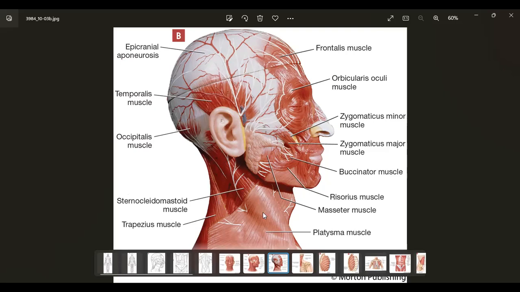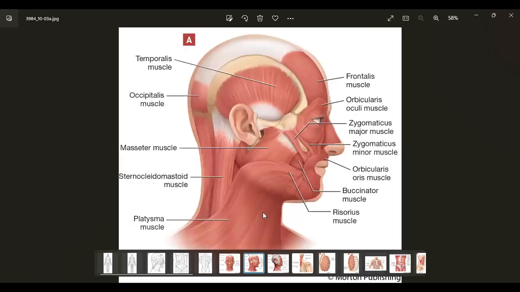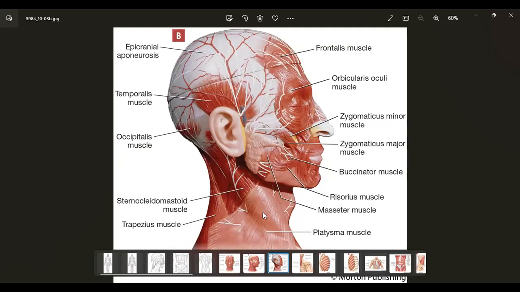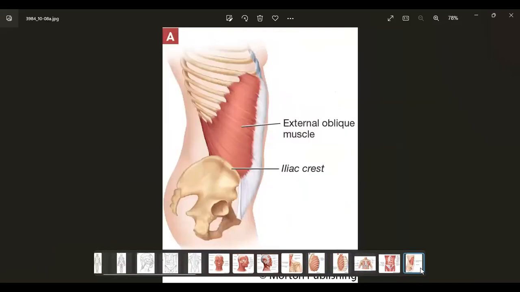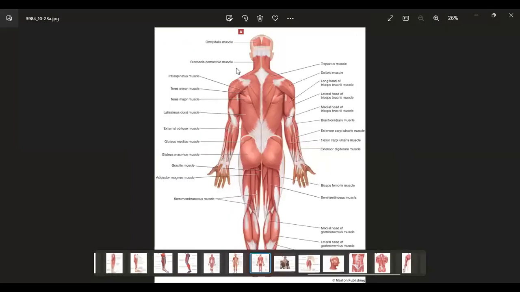And the last muscle we want to look at as part of the neck and head. Let's see if I can find a good picture of it. Still not on this picture.